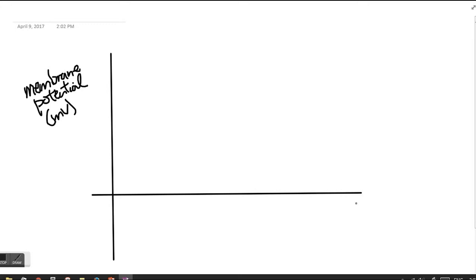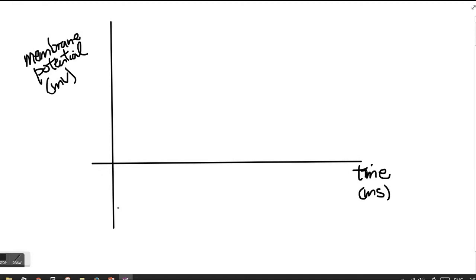We're going to put millivolts on the y-axis over time, in milliseconds. When the neuron is at rest and is not doing anything, we are going to start with this -70 millivolts, and it's going to stay there. We call this resting potential. It's going to stay there for some time.